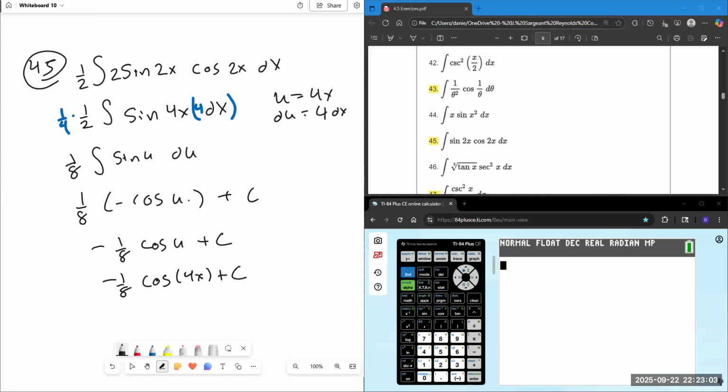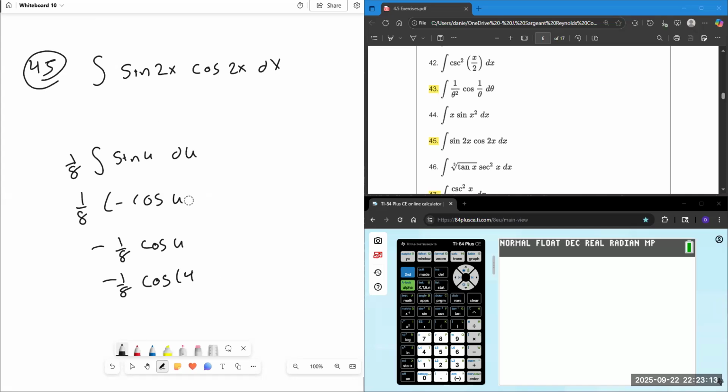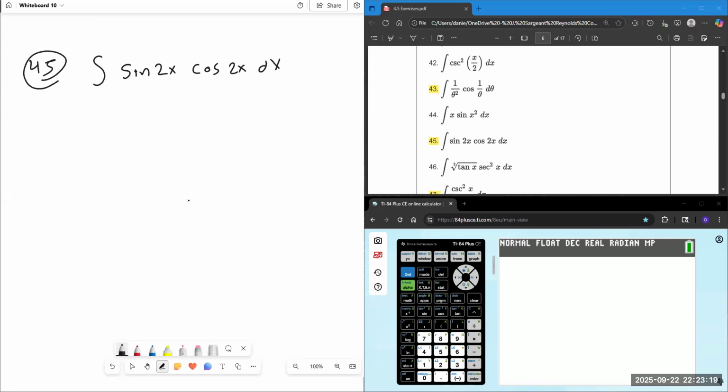So let me back up and do it that way. Get rid of this and this. So this is one of the right answers. I said u is equal to sine of 2x.